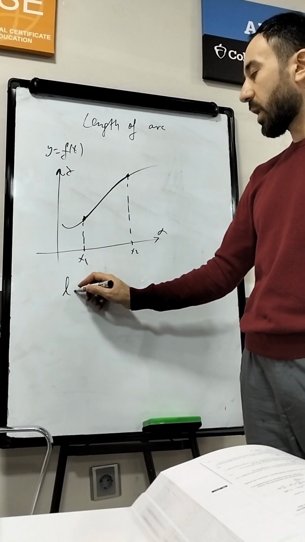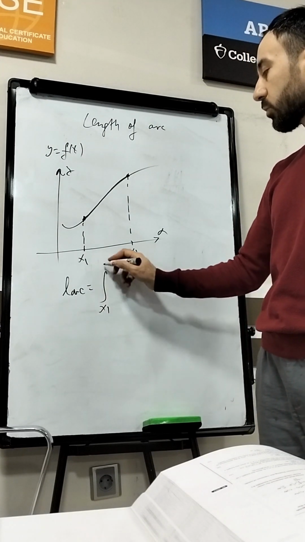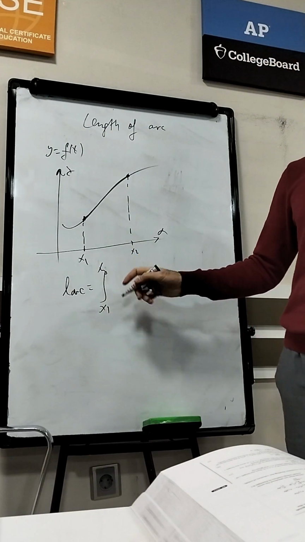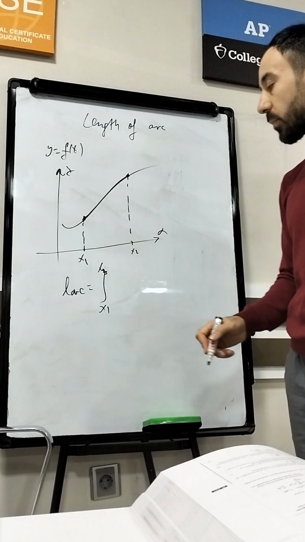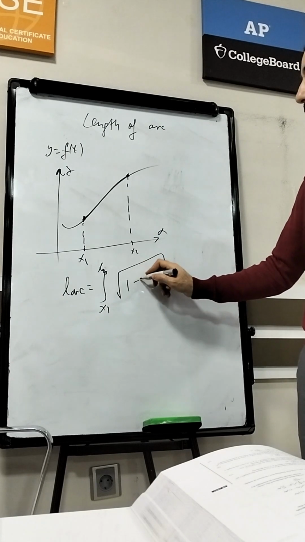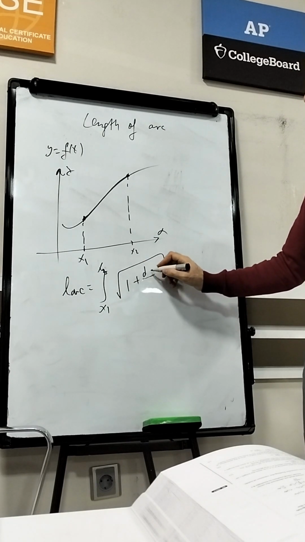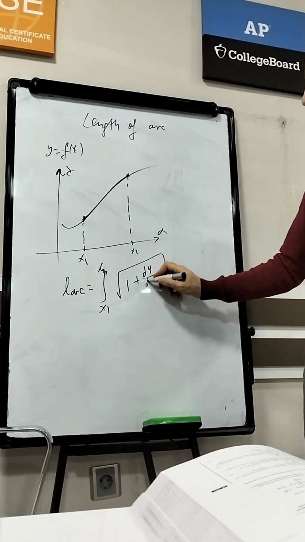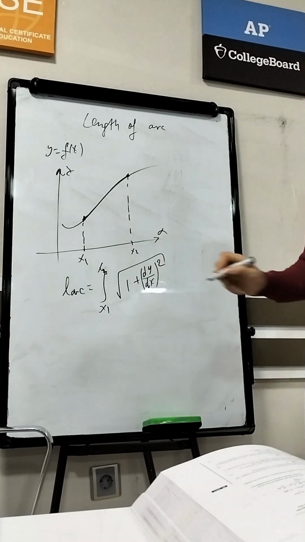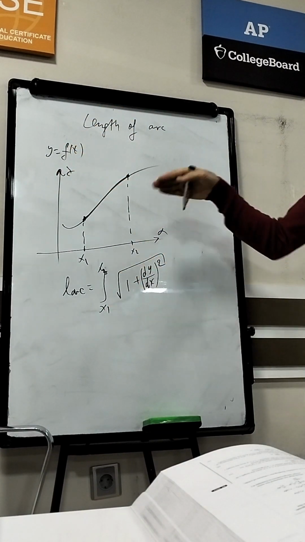The length of arc or curve has a formula: definite integration from x1 to x2 of the square root of 1 plus (dy/dx) squared, the derivative of the function squared, under the root.